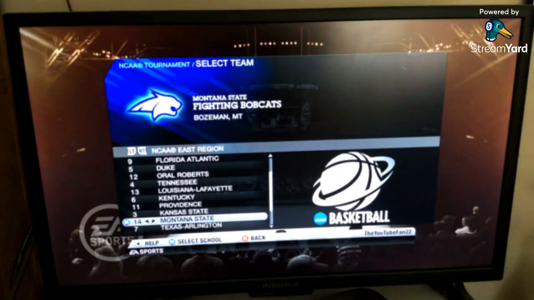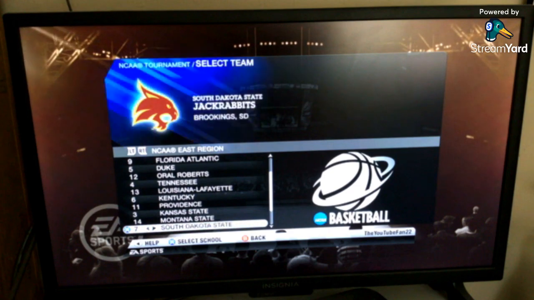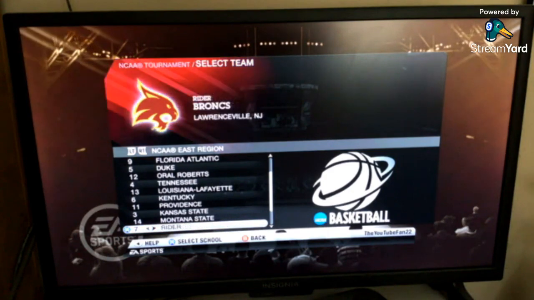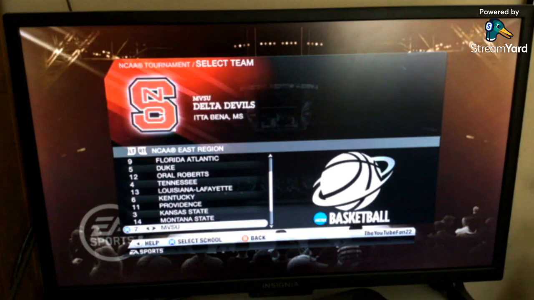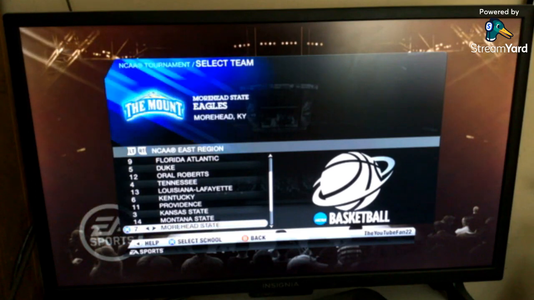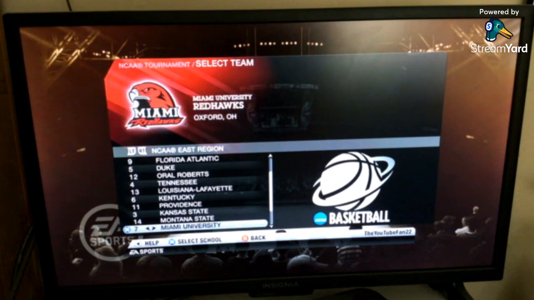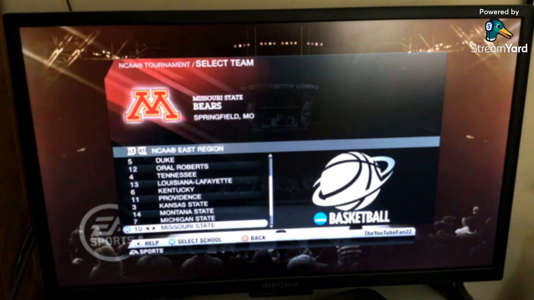All right, now Michigan State is the next one. At number 10, USC.